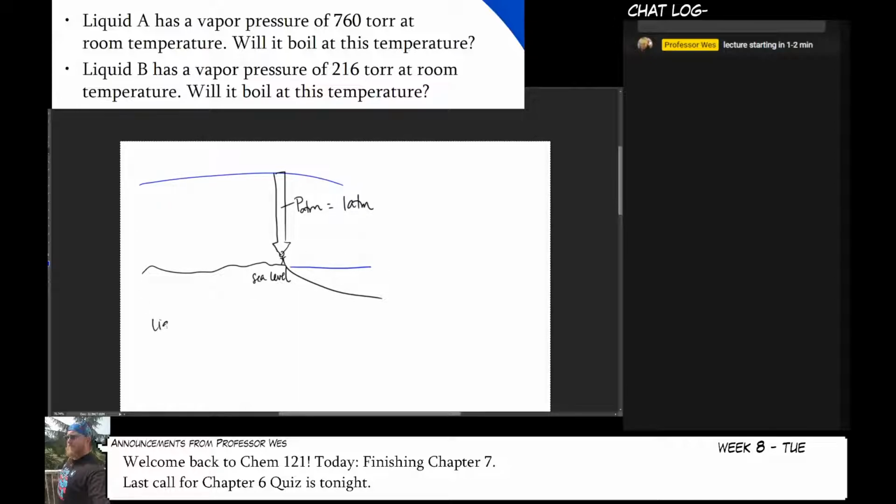So we have liquid A, and its vapor pressure equals 760 torr at room temp, which we're going to just call 25 degrees Celsius. That's close enough. All right.